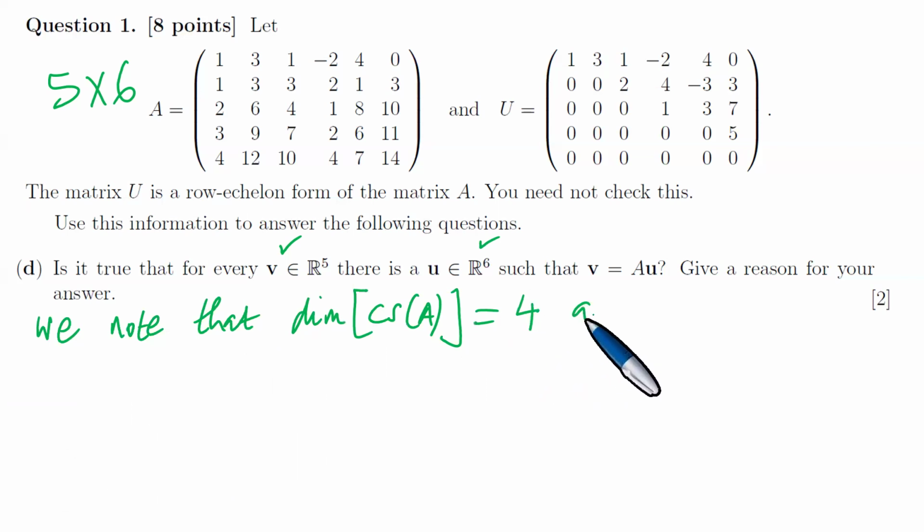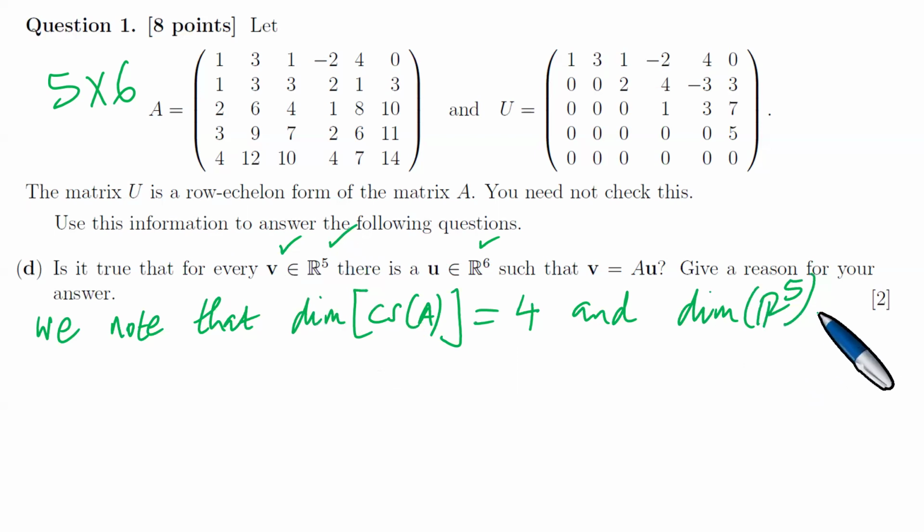And the dimension of the row space, of the Euclidean space of the 5th dimension, that is the dimension of R5.